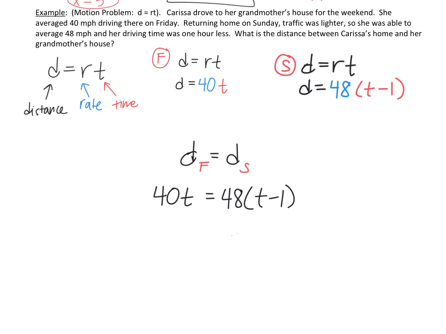And that's another just linear equation. So can you please solve and see if you get the same thing as the people at your table? I will do it on the board so you can check your work.